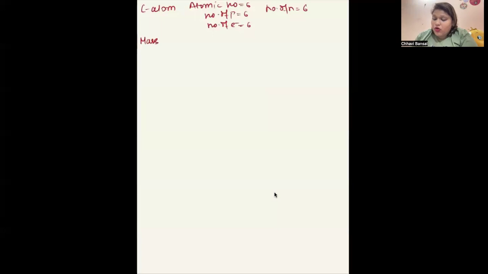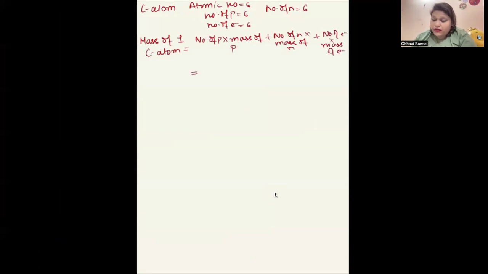So mass of one carbon atom, can I write it like number of protons multiplied by mass of proton plus number of neutrons multiplied by mass of neutron plus number of electrons multiplied by mass of electron, right?